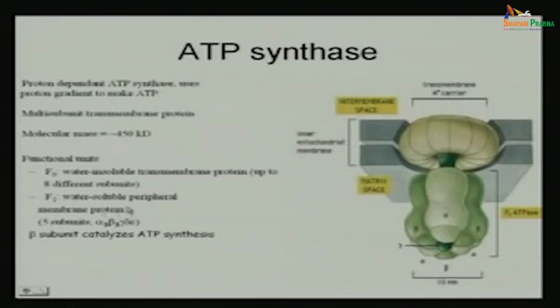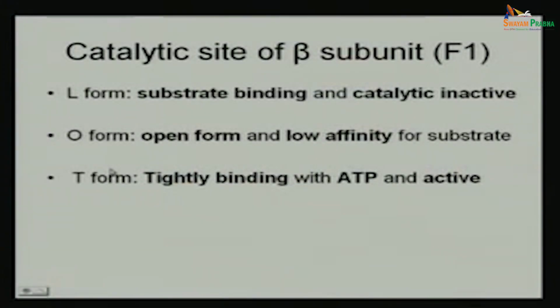F1 is the water soluble peripheral membrane protein and it has 5 different subunits, among which the beta subunit actually plays a significant role as far as ATP synthesis is concerned. Now this beta subunit is also very interesting.